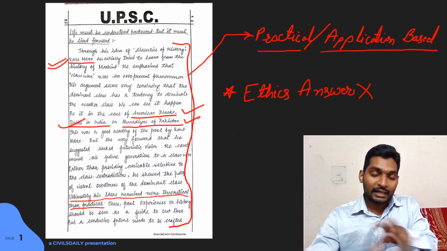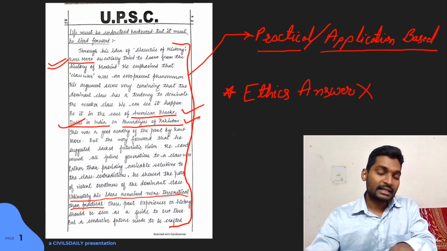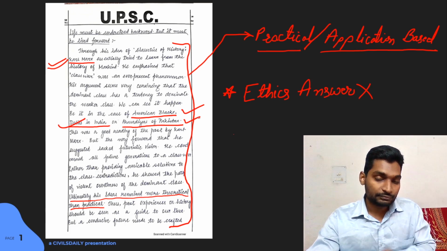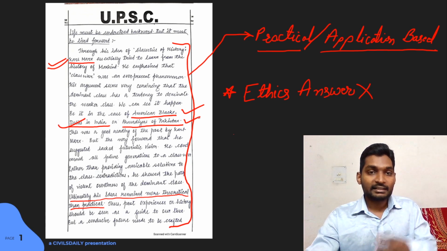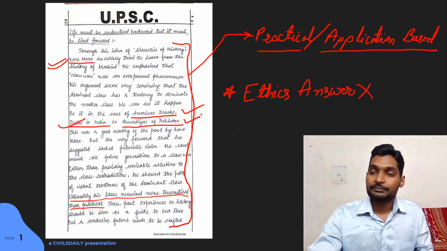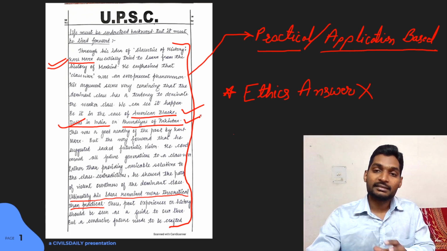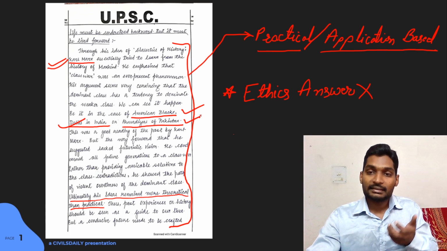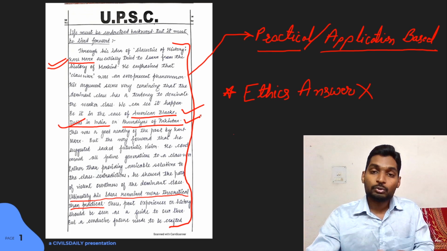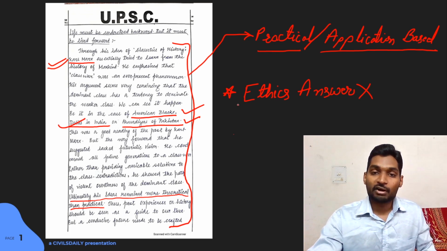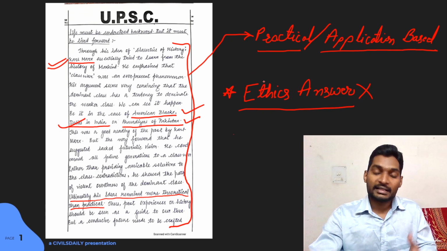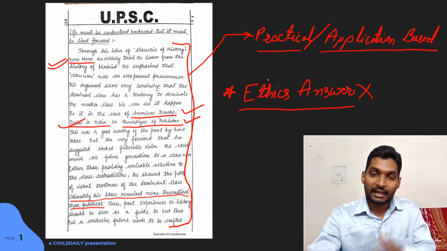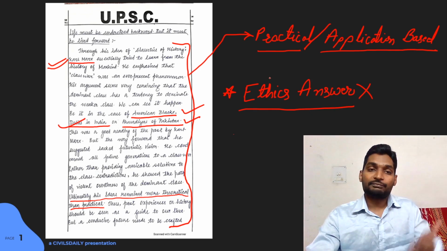Now, I have interacted with many students and seen many copies, and I have seen this pattern: if they are attempting a philosophical essay, they tend to turn it into an enlarged version of an ethics answer, where they write paragraph after paragraph, idea after idea on philosophies of life.